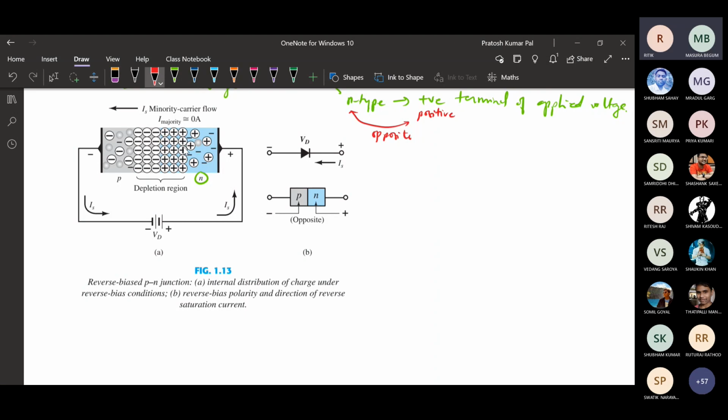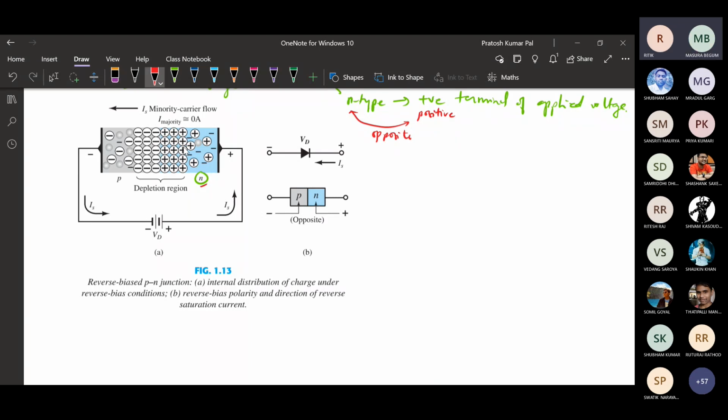So whatever negatively charged ions are inside this p-type will be repelled by the negative potential connected to the p-type. So these negatively charged immobile ions will collect near the junction, as they are repelled by the applied potential. Similarly on the opposite side, in the n-type region, the positively charged immobile ions will be repelled back by the positive potential applied by the external source, forcing these positively charged ions to collect near the junction.